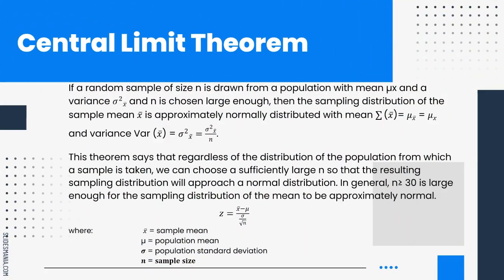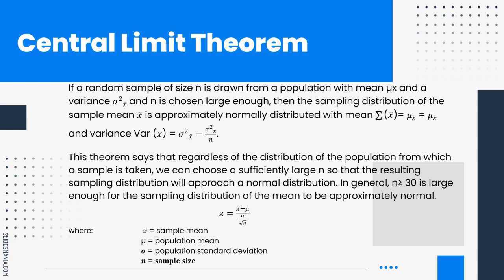Central limit theorem: if a random sample of size n is drawn from a population with mean mu sub x bar and variance sigma squared sub x bar, and n is chosen large enough, then the sampling distribution of the sample mean x bar is approximately normally distributed with mean mu sub x bar equal to mu, and the variance sigma squared sub x bar equal to sigma squared divided by n.